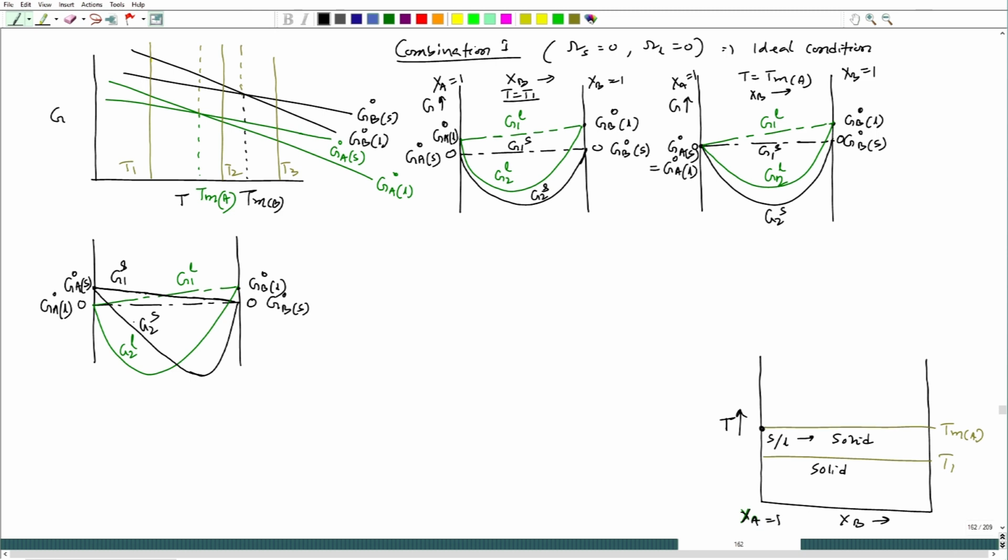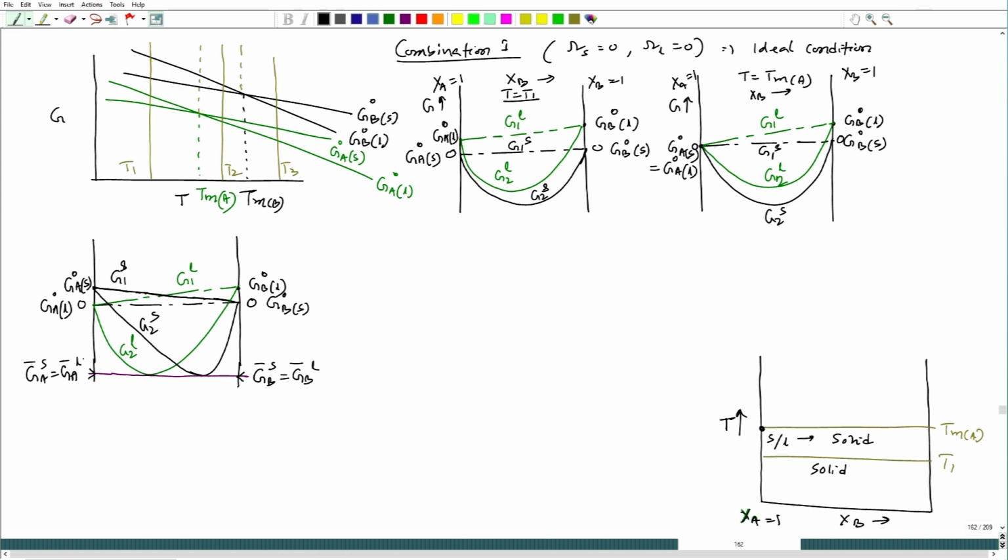Now, we see that we can have a common tangent. So, this is the common tangent, and we see at this location G B bar of solid equal to G B bar of liquid, and on the other side G A bar of solid equal to G A bar of liquid.